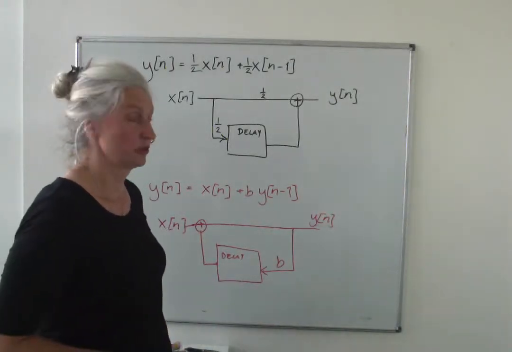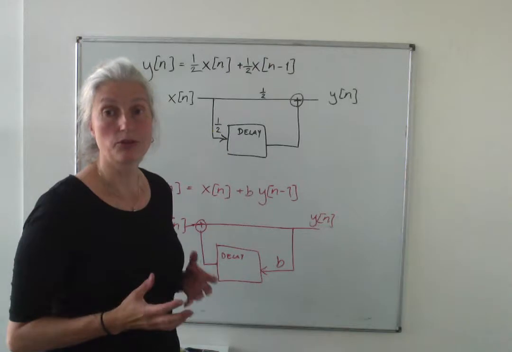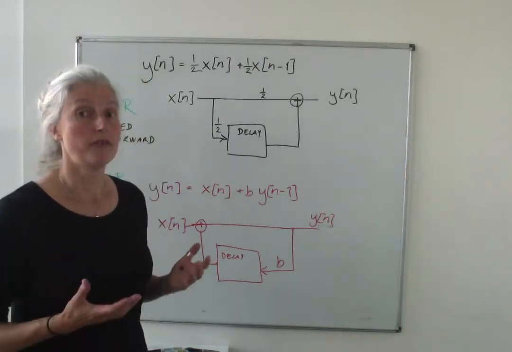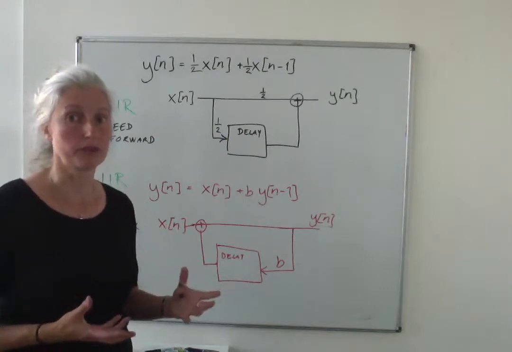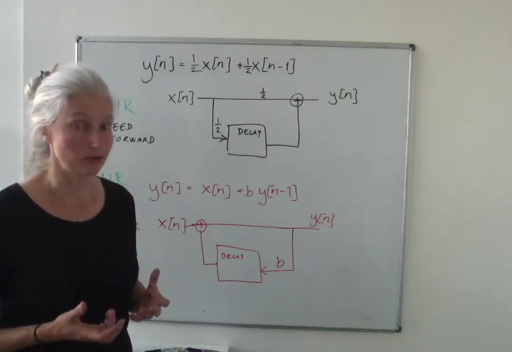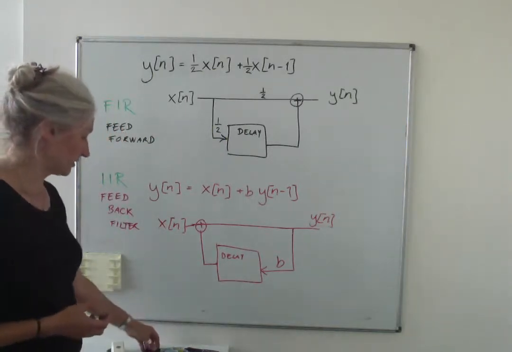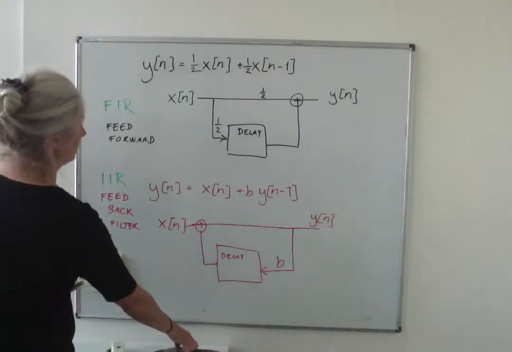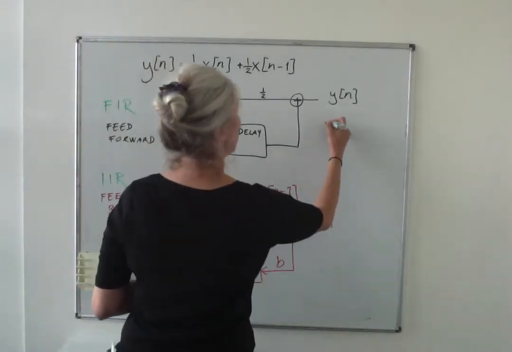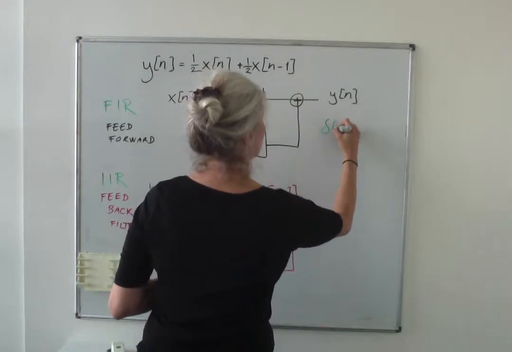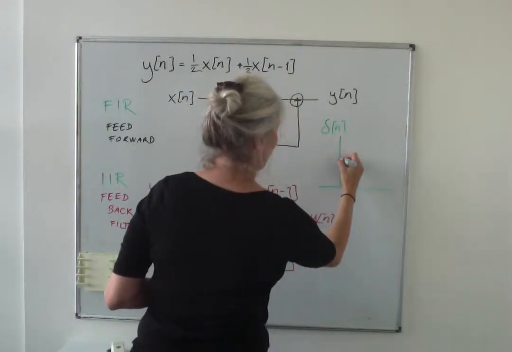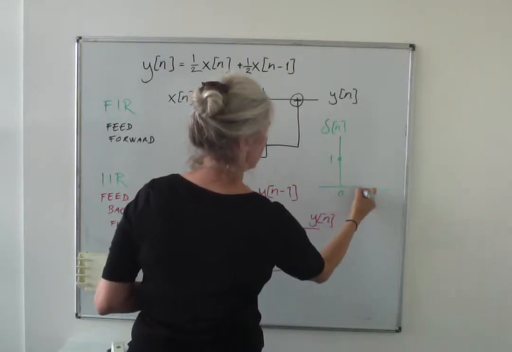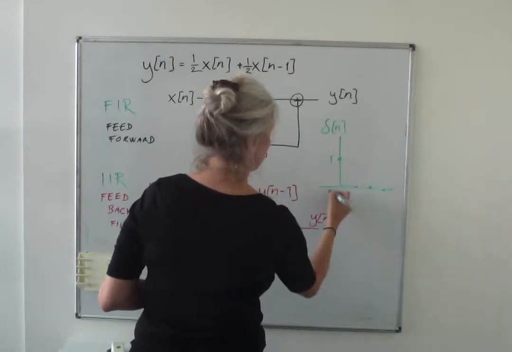Well, shortly speaking, you can use an impulse such as a very brief audio signal in order to get an idea of what a room or a filter or an effect is doing to the signal. And by definition, the unit impulse, called delta n, is a function that has 1 at time 0 and otherwise only zeros.